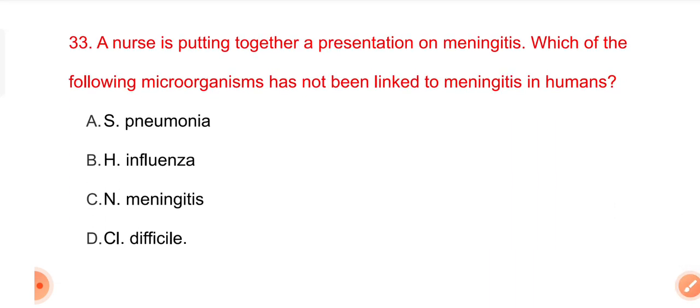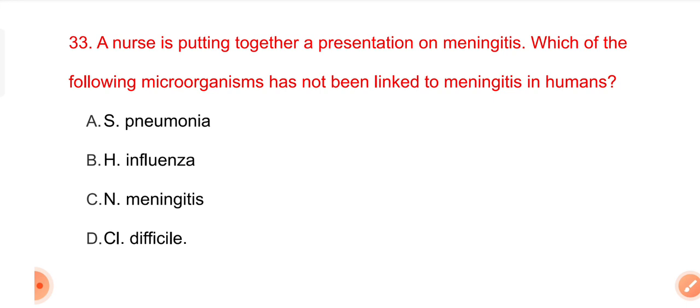The next question is, a nurse is putting together a presentation on meningitis. Which of the following microorganisms has not been linked to meningitis in humans?